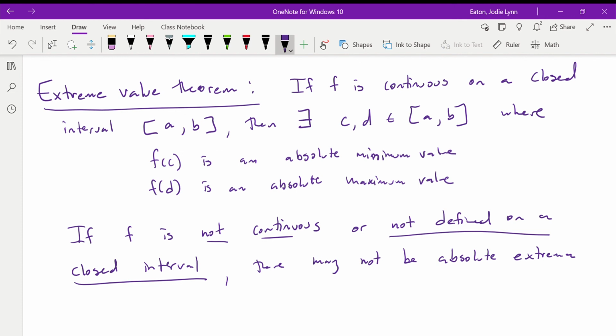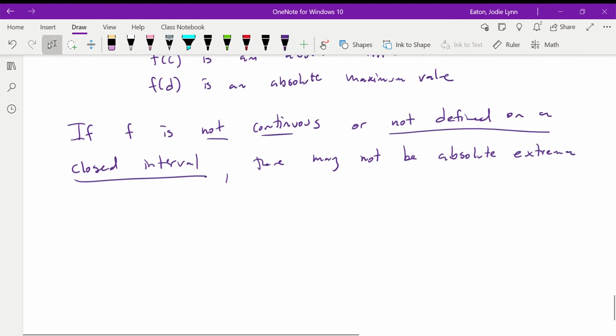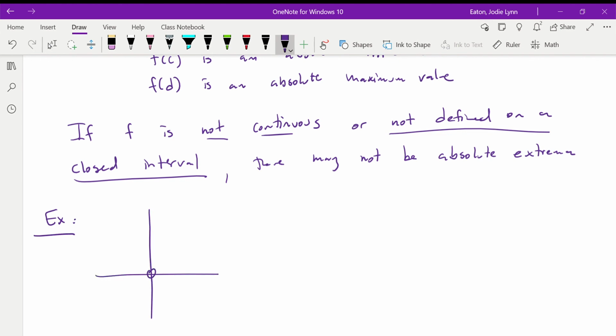Okay. So an example here, if we have part of a function that's defined on an open interval, so if you have 0 and 2, and we have y equals x squared, so y equals x squared for x that are between 0 and 2, but on an open interval, there are no maxima or minima.